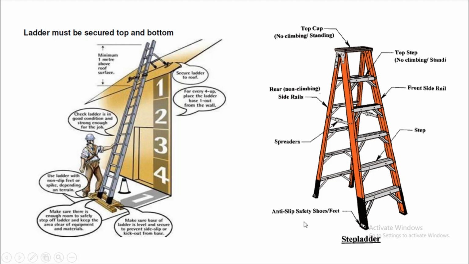Make sure that there are anti-slip or safety shoes on the feet of the step ladders. Okay, so all of these accessories should be intact, and the proper use of the ladder should be observed all the time, so that the safety of the ladder is never overlooked.